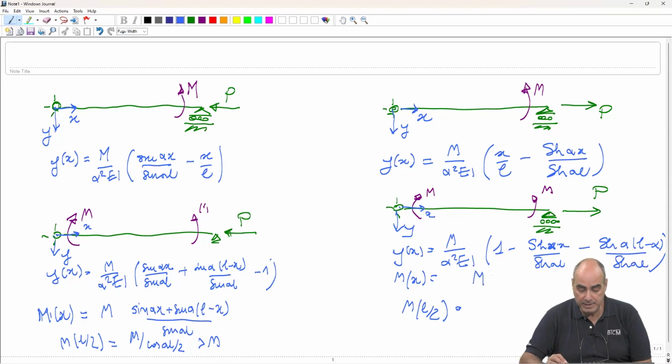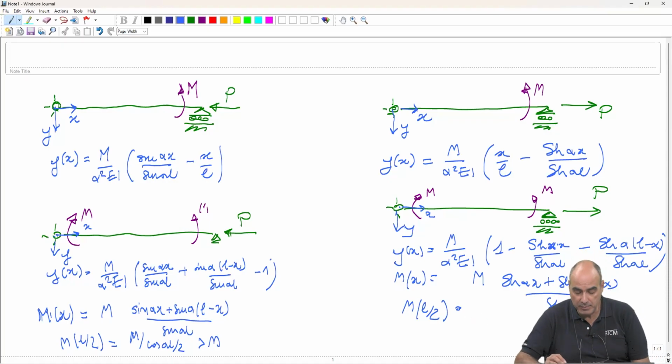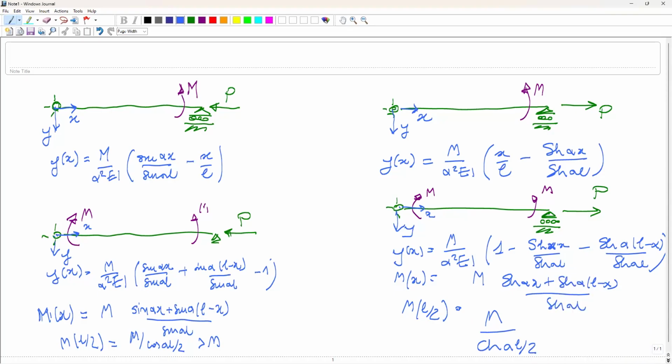And the moment becomes M times hyperbolic sinus of alpha x plus hyperbolic sinus of alpha (L minus x) divided by this. And you can work out the search for the maximum, which actually becomes M by hyperbolic cosinus of alpha L over 2. I think that you got the same results here.